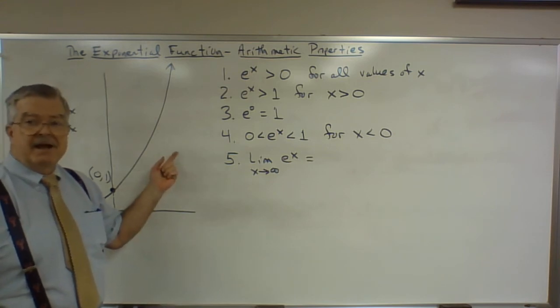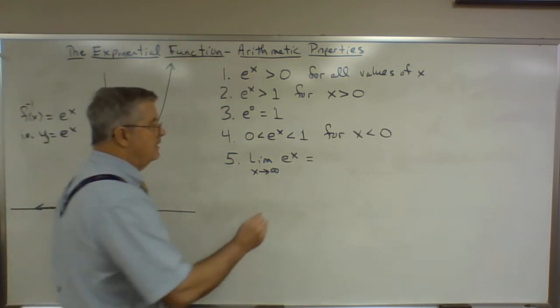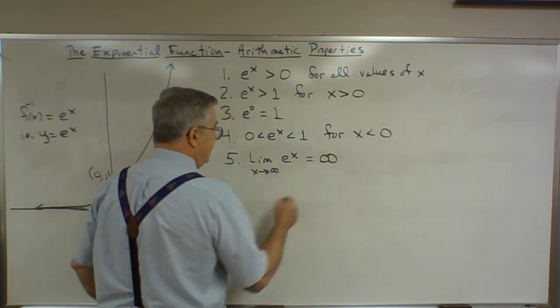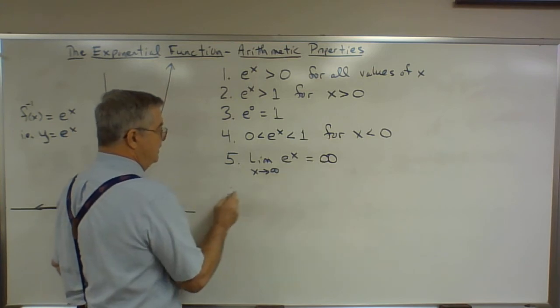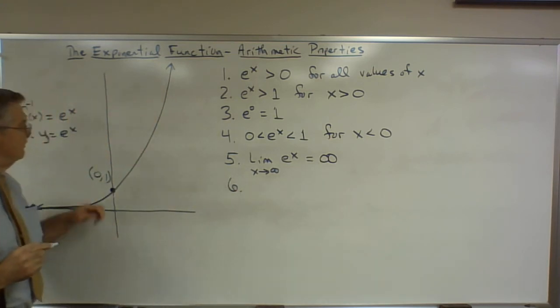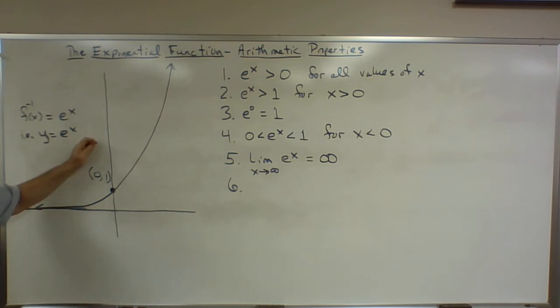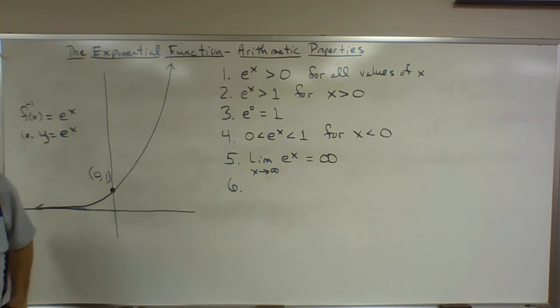Yep, like a bat out of you-know-where it goes to infinity. No doubt about this. The limit as x goes to infinity of e to the x is infinity. And if we know what the graph of y equals e to the x looks like, this is going to be pretty obvious to us.